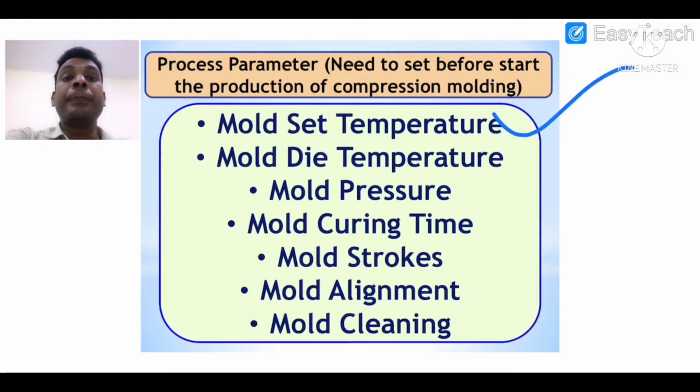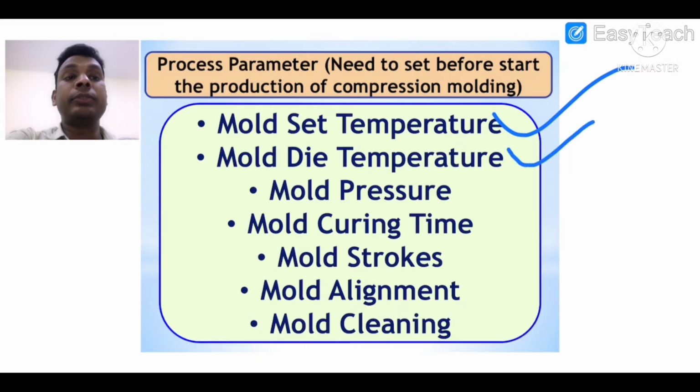So here I mention mold set temperature. You should know what temperature is required. This depends on the polymer, which type of polymer you are using. As per the polymer, we specify the mold die temperature required. First you set the temperature.